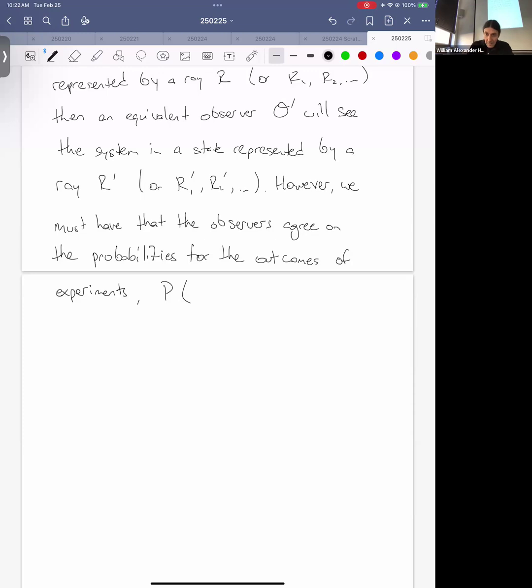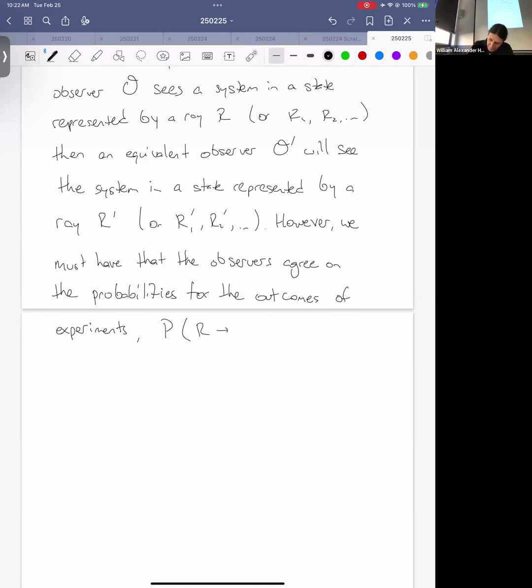So we must have the probability of, say, the state collapsing from R down to, say, Rn must be equal to the probability of the same state, but as seen by the other observer, collapsing down to the same measured state, again, in the way that the O prime observer conceptualizes or mathematically describes the system. So, for example, if I have an experiment and I measure that the electron is spin up in my coordinate system in the z direction, if I have somebody, say Rachel, whose z is in this direction, then Rachel will say, oh, the electron was measured to be spin up in the x direction. And we just know that your x direction is my z direction. And we agree that the measurement was the same.